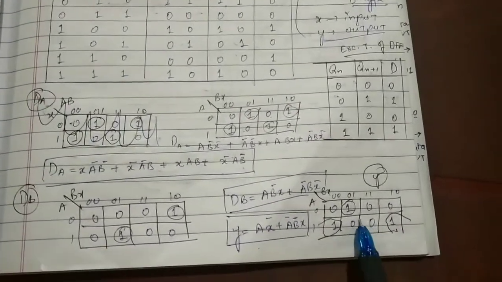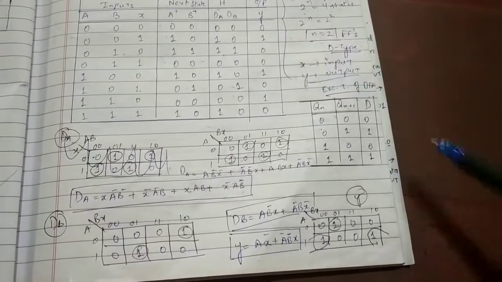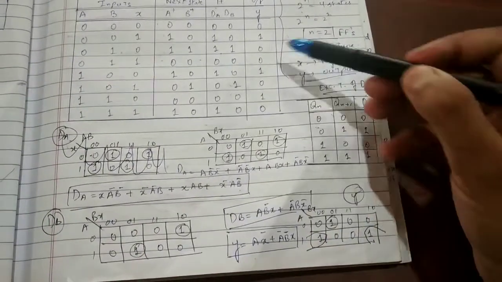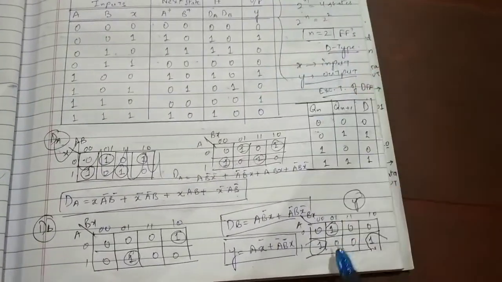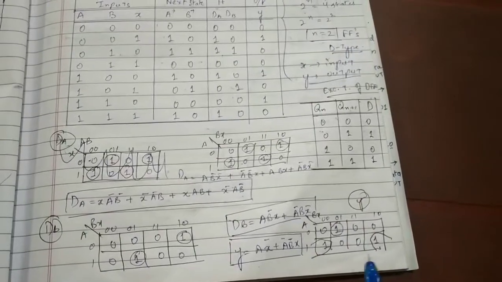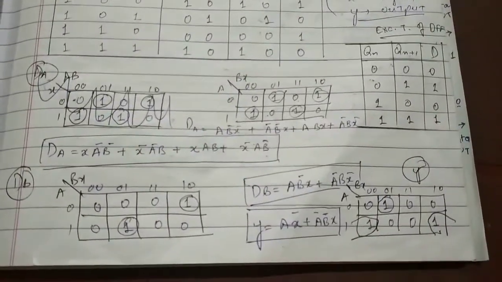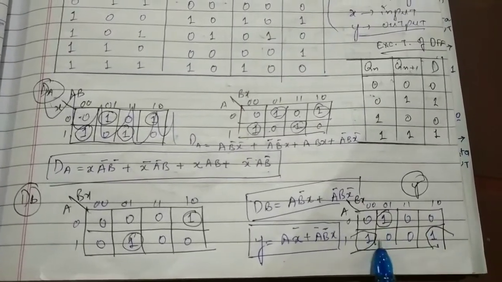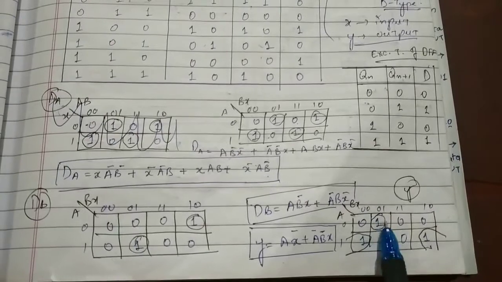Also we have to make a K-map for Y. From this Y we get 0, 1 in the first two cells, 0, 1, next is 0, 0, 0, 0, next is 1, 0, 1, 0, and next is 1, 0, 1, 0. I assume you are well aware of the K-maps. So after grouping the ones, this becomes one group, and this and this is an individual group.